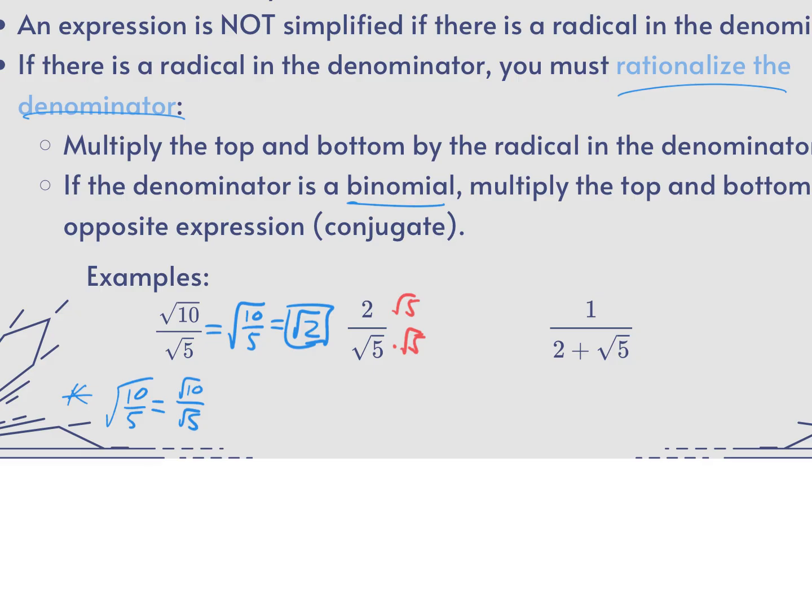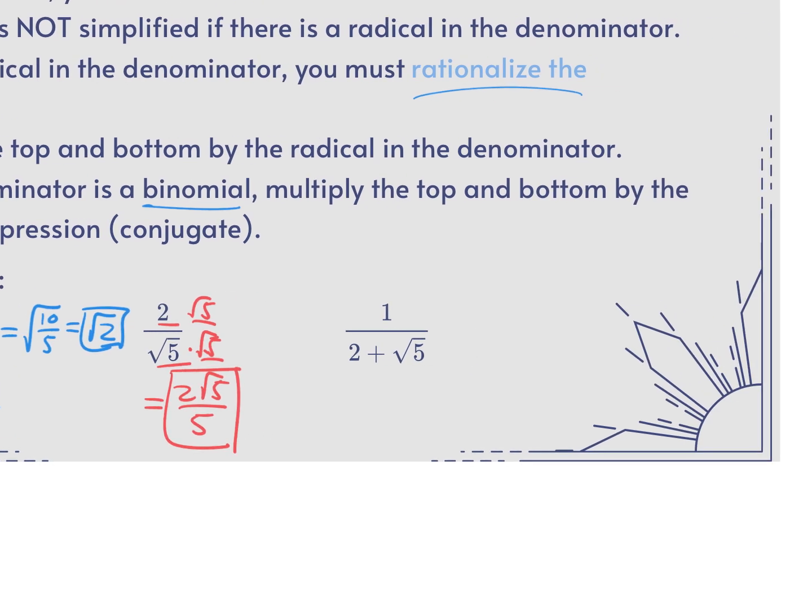You want to make the denominator a real, like a whole number or an integer of some sort, right? So on the top, 2 times square root of 5 is just 2 square root of 5. And then square root of 5 and square root of 5, that becomes a positive 5 with no radical, right? And so our denominator is rational now, all right?